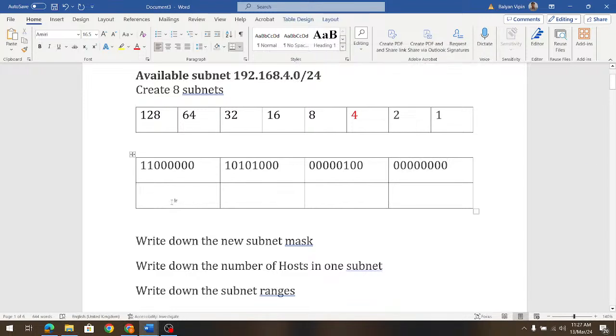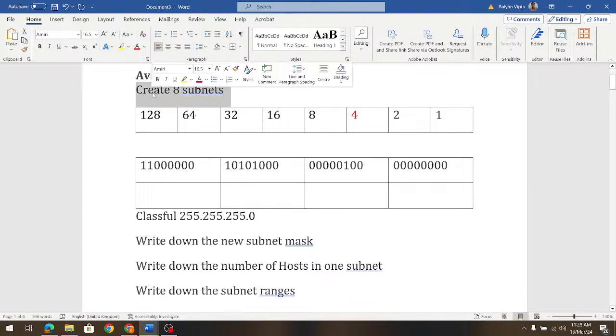It's classful because it's given as 24, so classful means 255.255.255.0. Okay, so we have to take some bits from the last octet, which can be used as network bits.